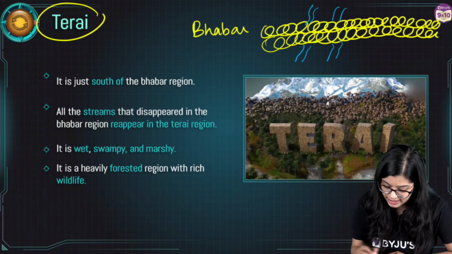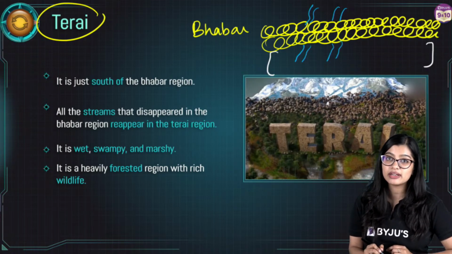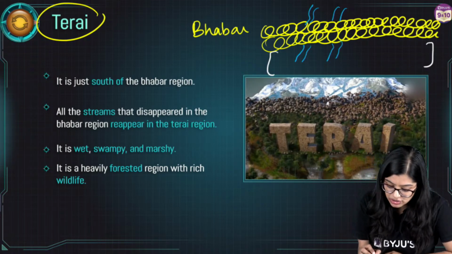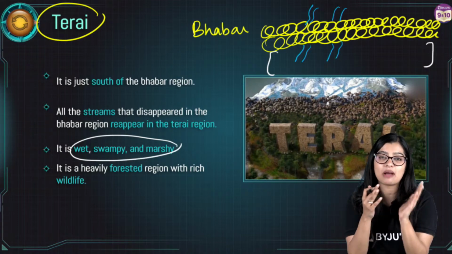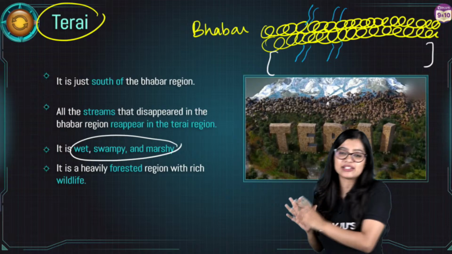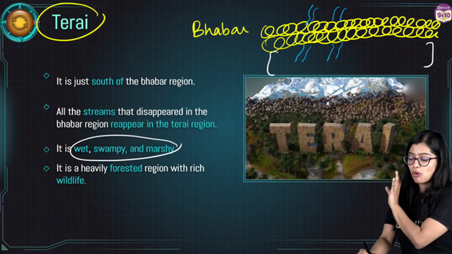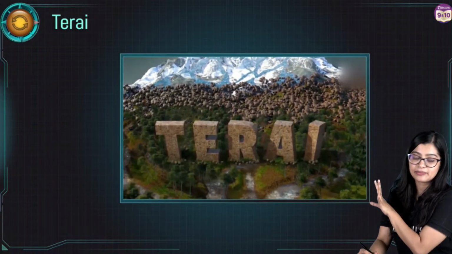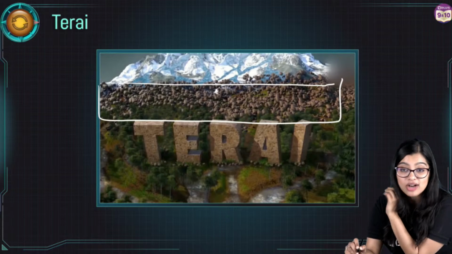And what is this next region called? My next region is what we call the Terai region. What is the Terai region? It is a small region which is swampy, marshy and wet, because your water is coming out. Think of it this way. You look at this image. This image is more than enough for you to understand. Look at this part. Can you notice how big the rocks and pebbles are?